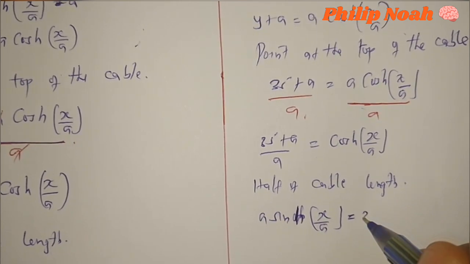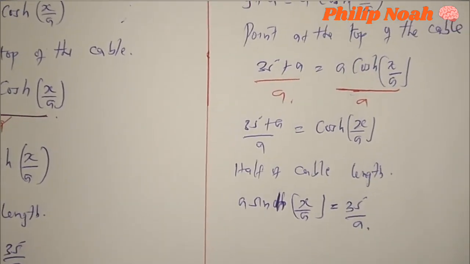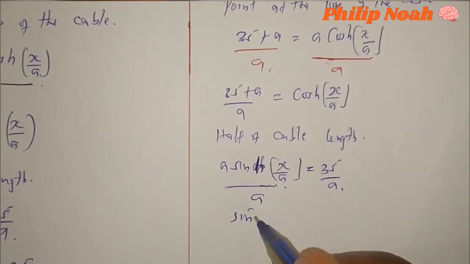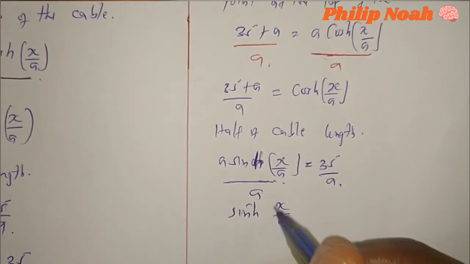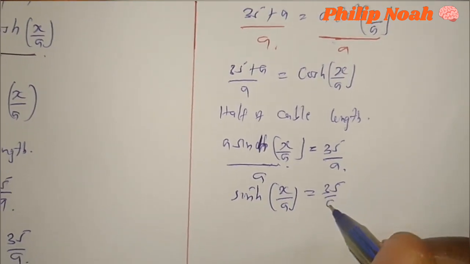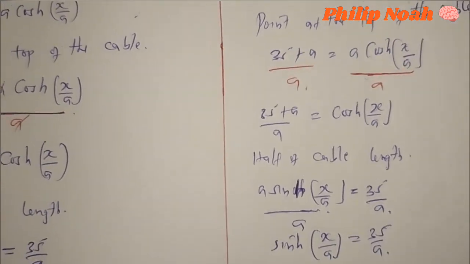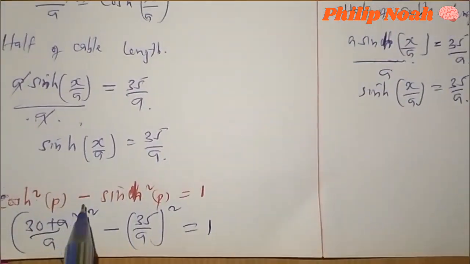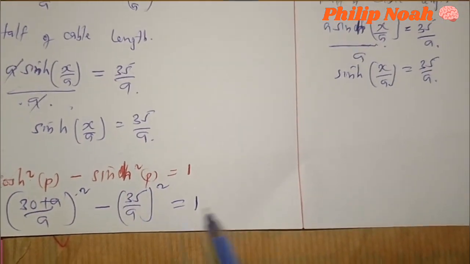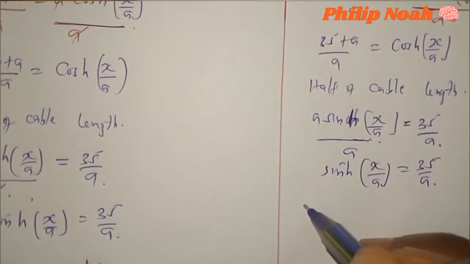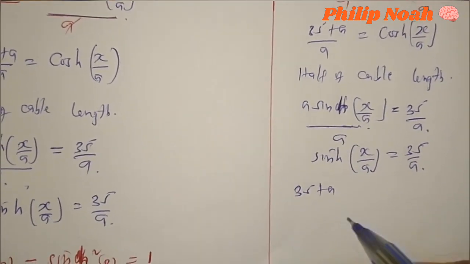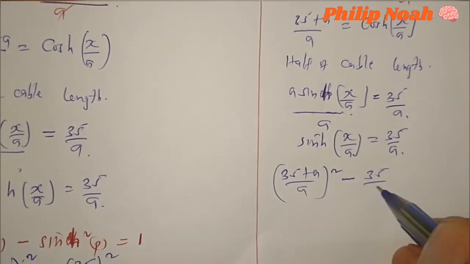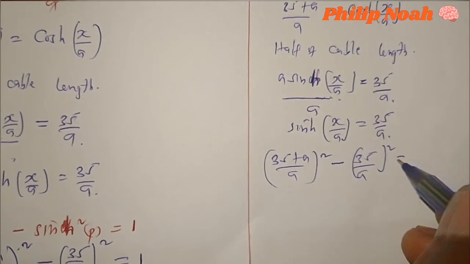So 35 over A. So you have sinh X over A is equal to 35 over A. We use the same identity of cosh squared minus sinh squared is equal to 1. This becomes 35 plus A over A squared minus 35 over A squared is equal to 1.